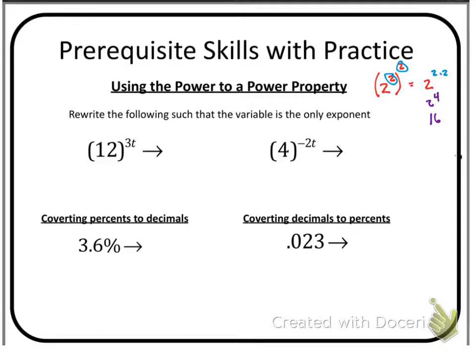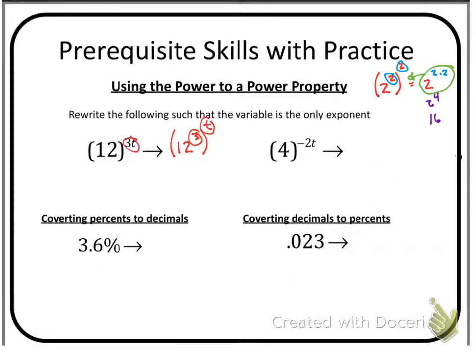So we're starting from right here, and we're going back this way. Let's do the first example. We have 12 to the 3t power. We want to make it look like this here. So we're going to split the number 3 and the variable t. We're going to have 12 raised to the 3rd power raised to the t power, because when we simplify that out, we multiply the 3 and the t.